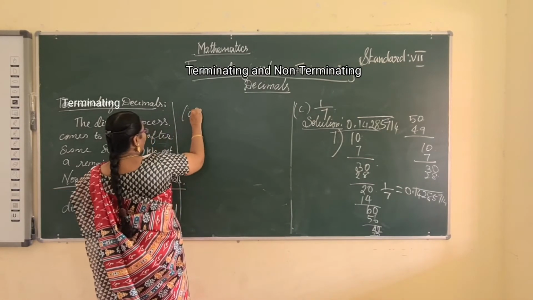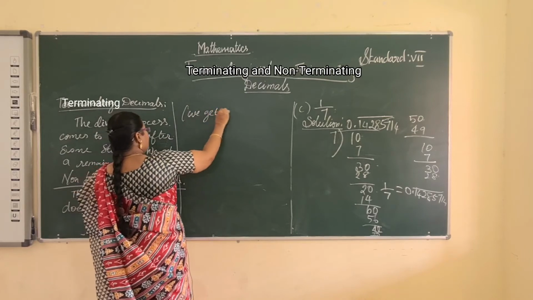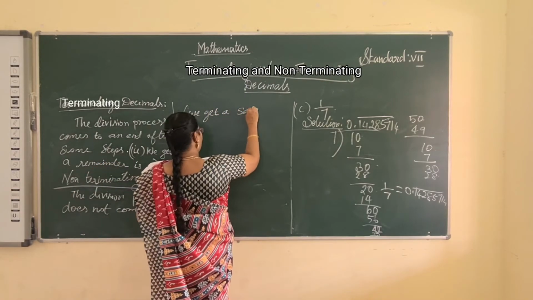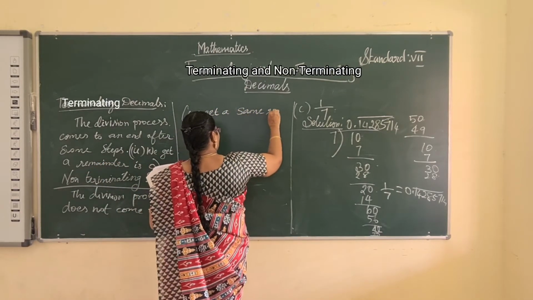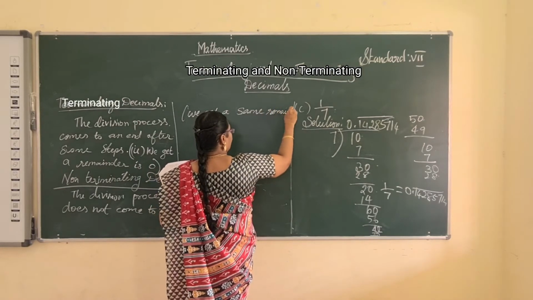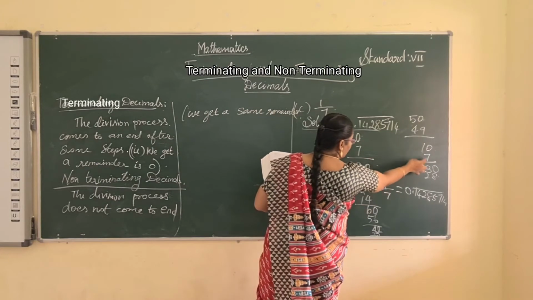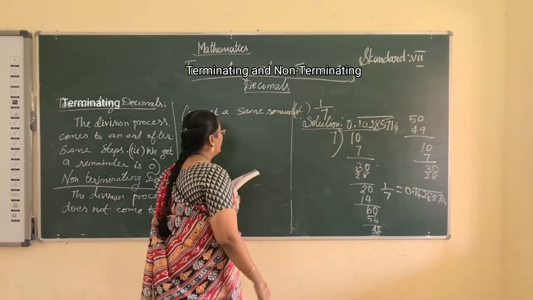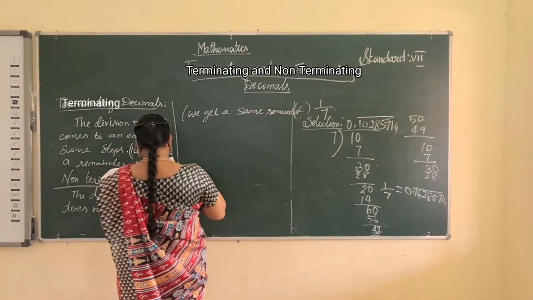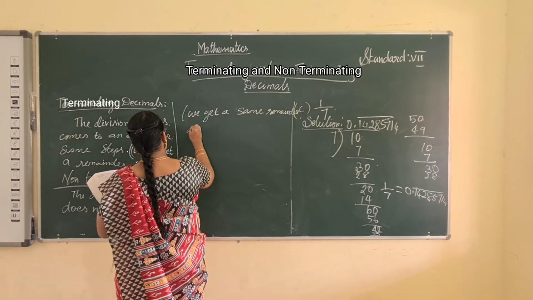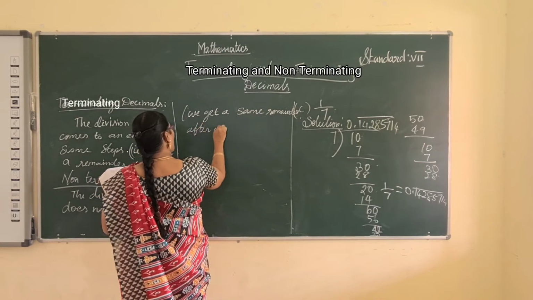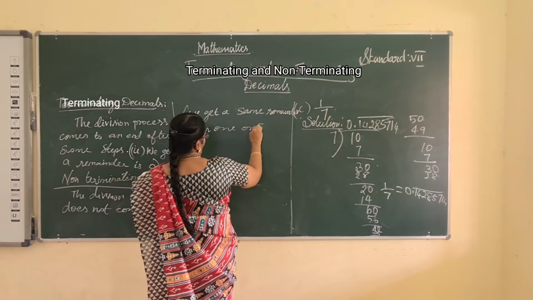That is, we get the same remainder again. Here we get the remainder 30, and it started again from here. So we get the same remainder after one or some steps.